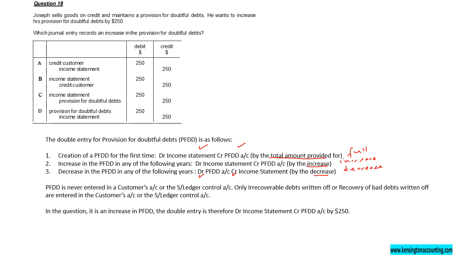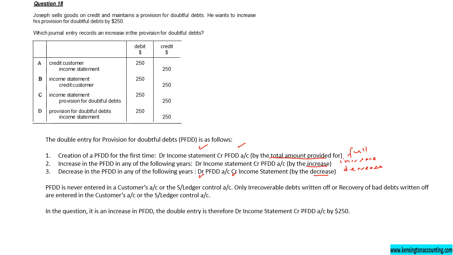Just to remind the students, provision for doubtful debts is never entered in the customer's account or the sales ledger control account. Only irrecoverable debts written off or recovery of bad debts written off are entered in the customer's account or the sales ledger control account.